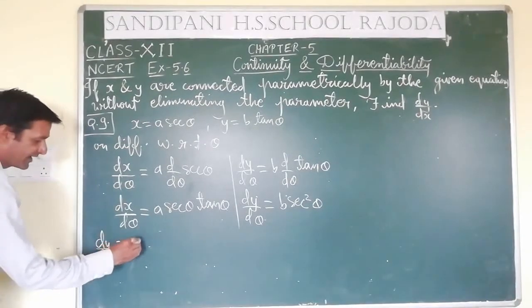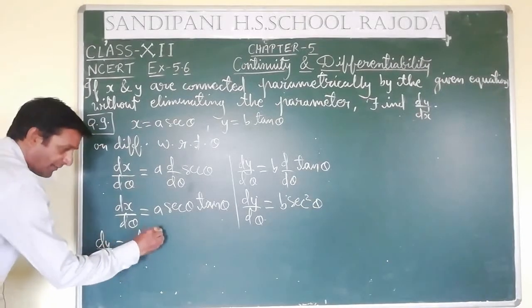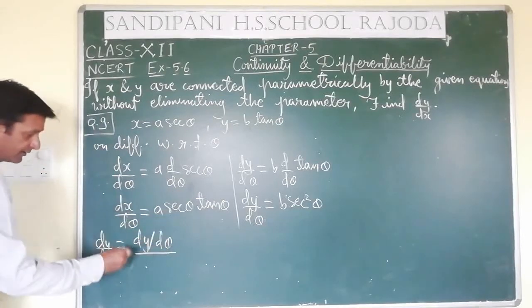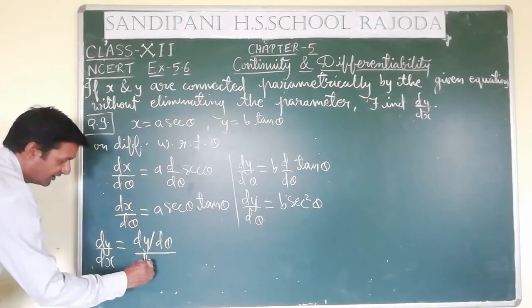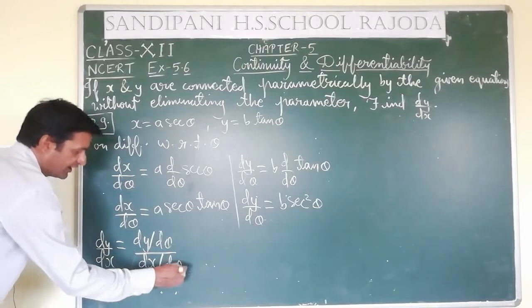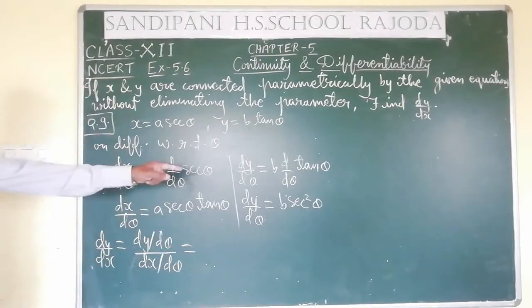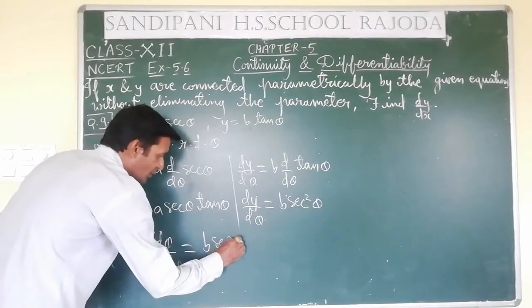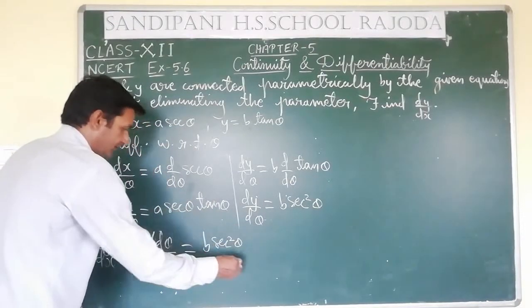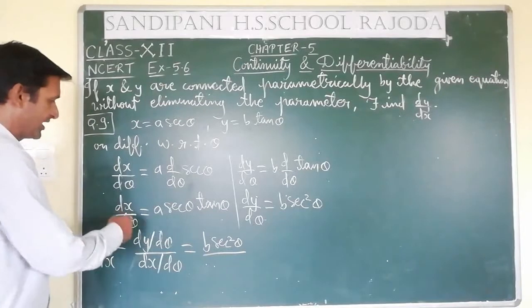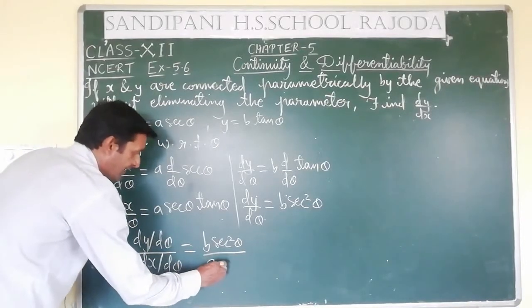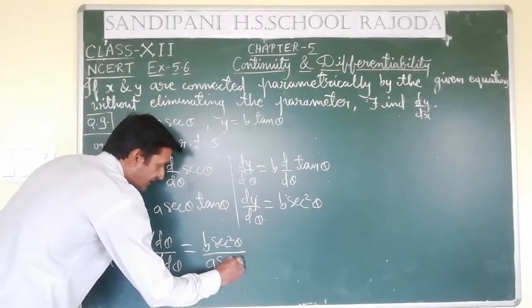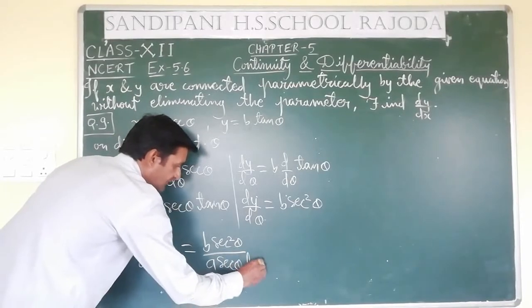Now we have to find dy by dx. So dy by dx is equal to dy by d theta upon dx by d theta. The value of dy by d theta is b sec square theta and dx by d theta is a sec theta tan theta.